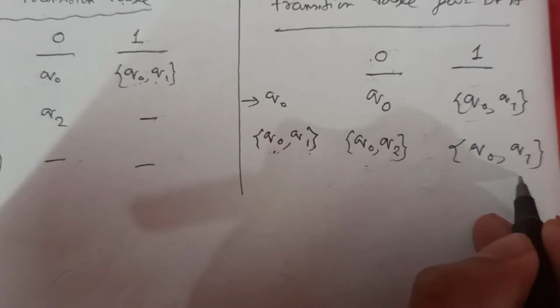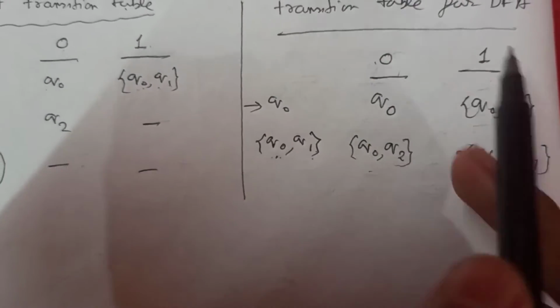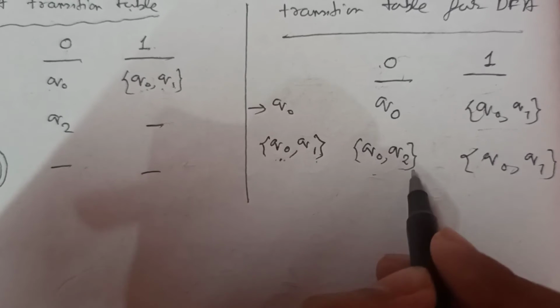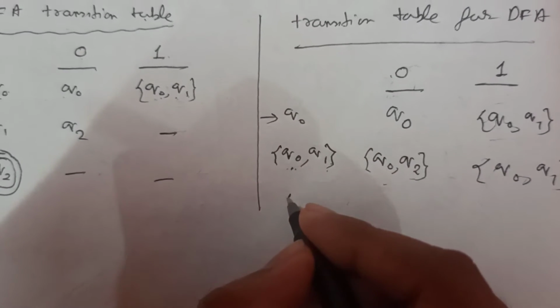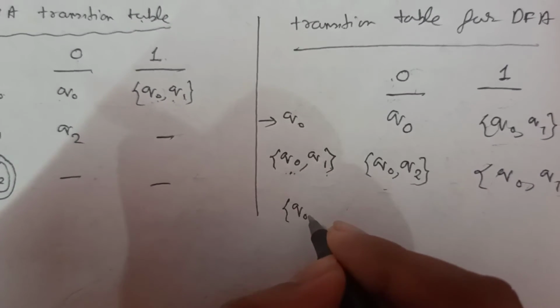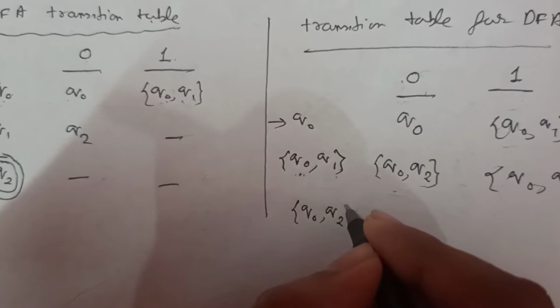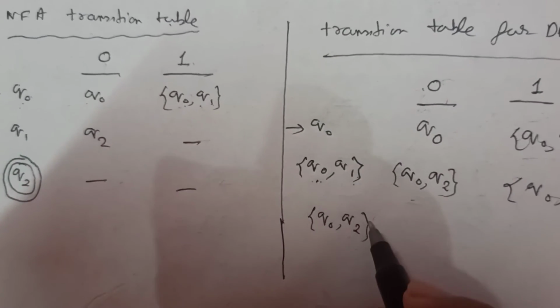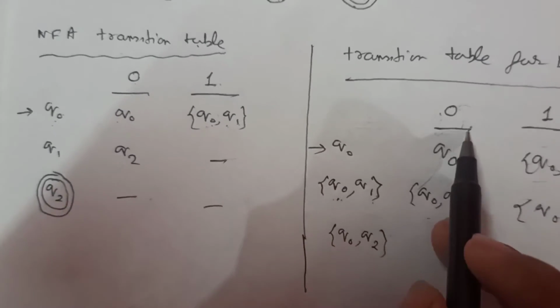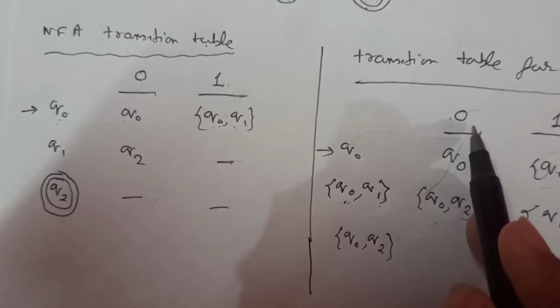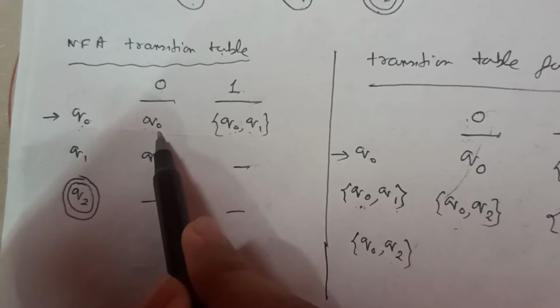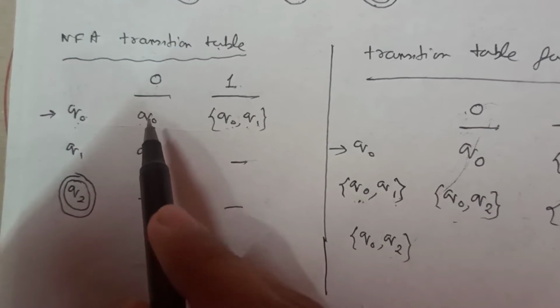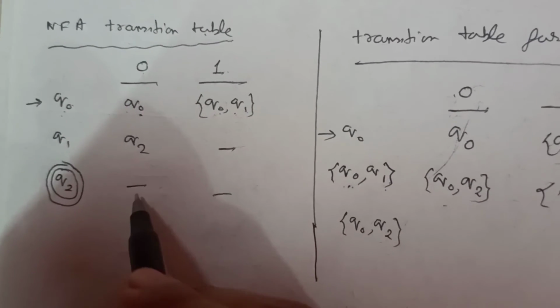So this state is already defined in this transition table, but this state is new. Q0 Q2 is not defined in this transition table. So we will now write that row for Q0 Q2. So let's check again in a similar way. So Q0 for input 0 goes to Q0, and Q2 for input 0 goes nowhere.